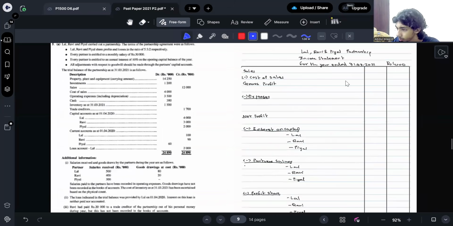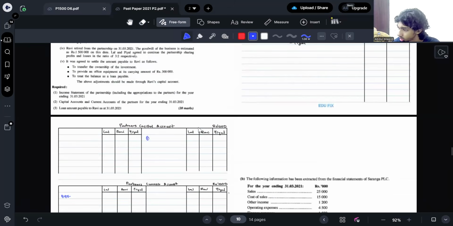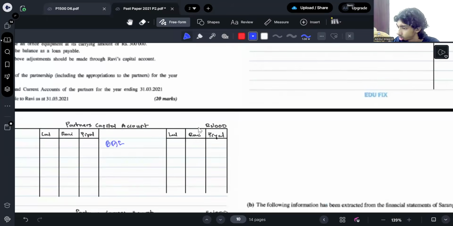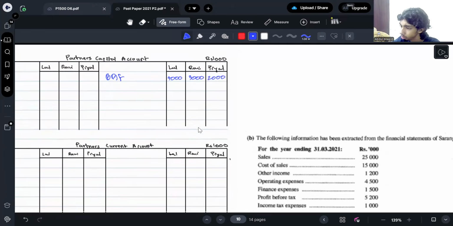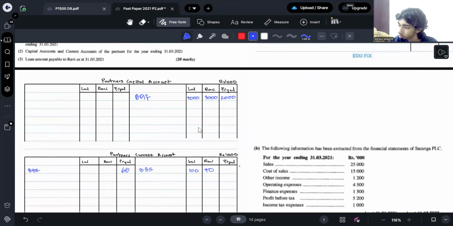So BBF 4,000, 3,000, 2,000. Then current account BBF. Lal and Ravi will be 190 credit balance. Priyal has a debit balance of 60.